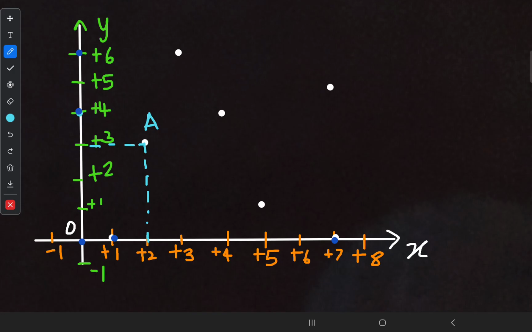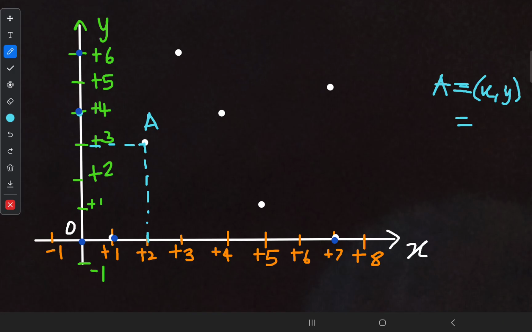So the coordinate of A should be... First of all, when we need to mark any coordinates, you have to find the x coordinate first. In a pair of normal brackets, you have to mark your x coordinate first, then a comma, then the y coordinate. That's the way you indicate a coordinate in a Cartesian plane.